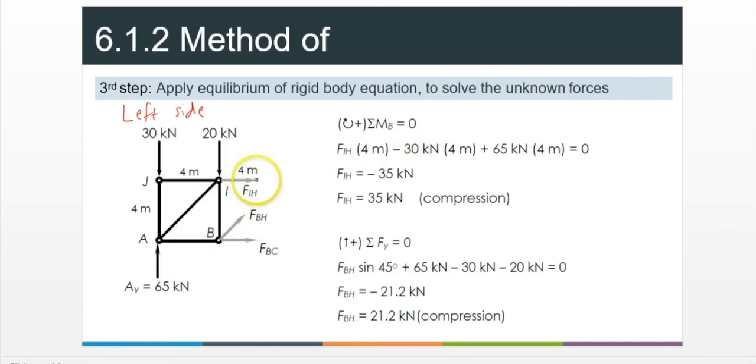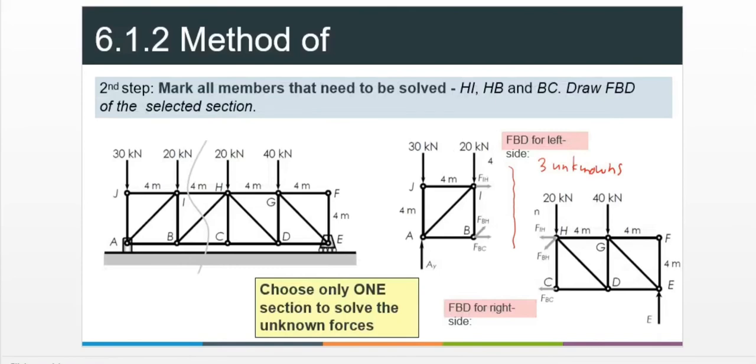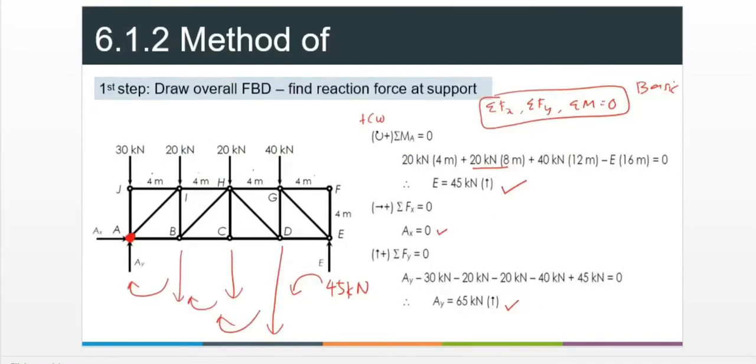Okay, sebab apa kita letakkan moment of B equals to 0? Sebab AY ni kita dah cari dah awal-awal tadi. Okay, dekat full body, free body diagram yang paling besar tu, gambar yang besar, kita dah tahu. Okay, AY values dia which is 65 kN. Okay, nampak.